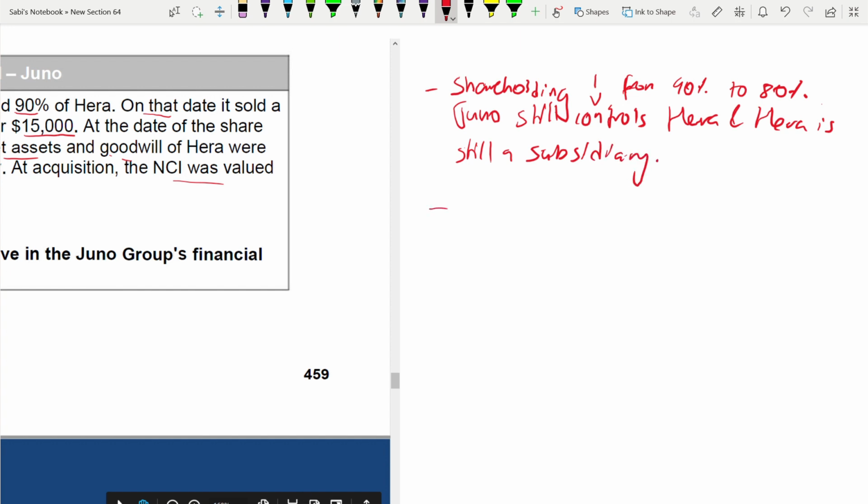What's next? No gain or loss on the sale. No gain or loss is calculated because this is simply a transaction between equity holders. There is no gain or loss. Goodwill is not recalculated.